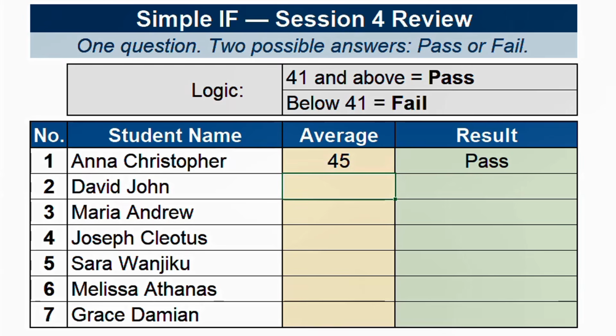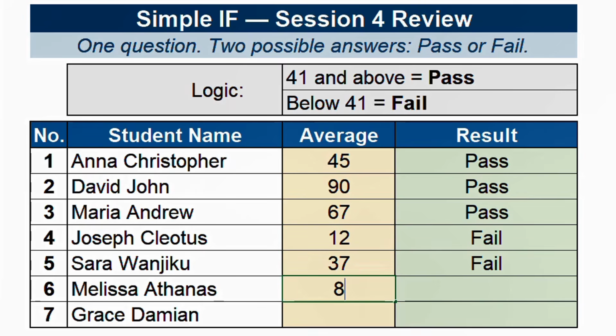I press enter, then 90, followed by 67, then 12, then 37, 81, and then 50. You see? Now every result appeared automatically.